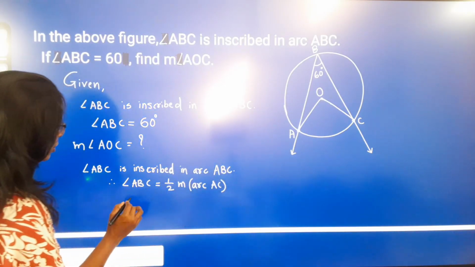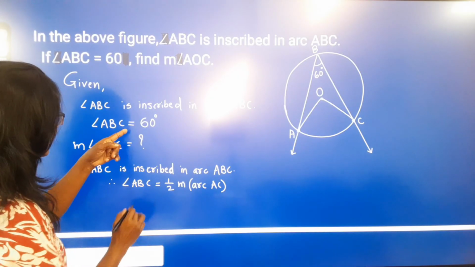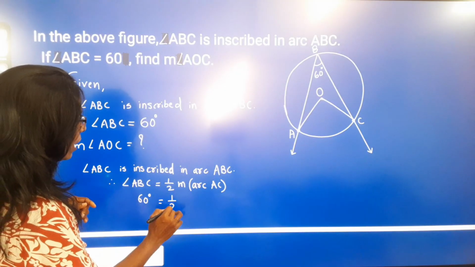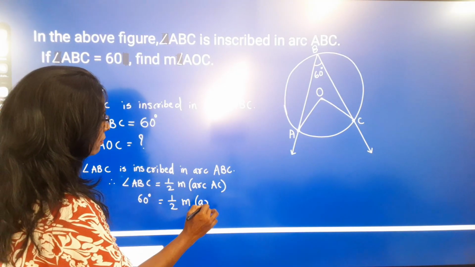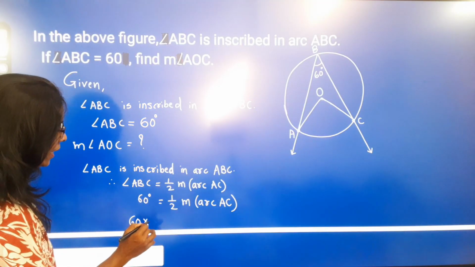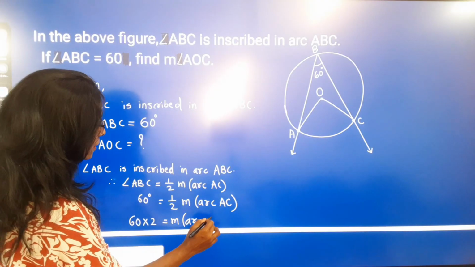So now here, students, that is the major arc ABC. Angle ABC is 60 degree. 60 is equal to half major arc AC. So 60 multiply 2, that is equal to major arc AC.